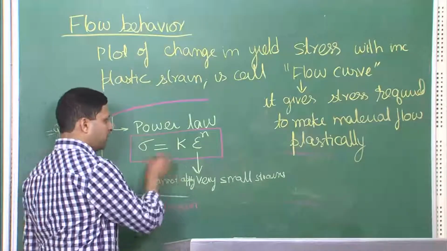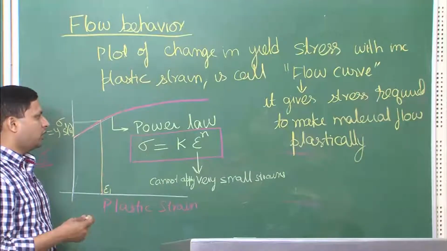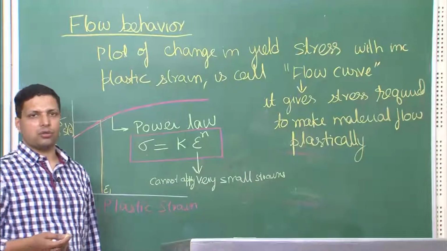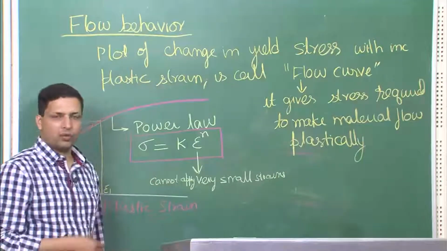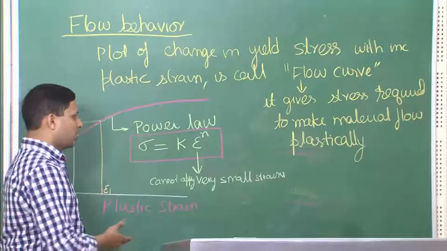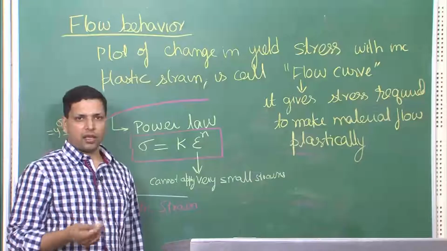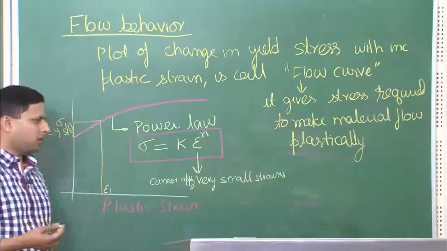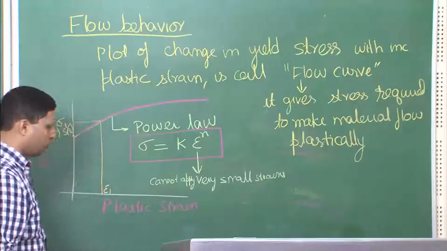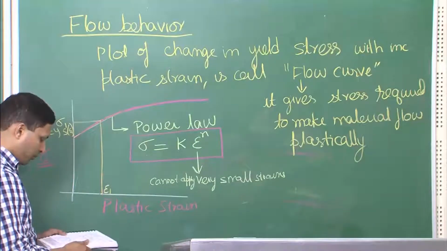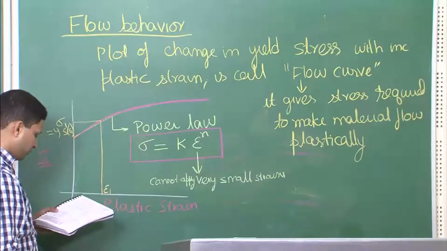It is not valid in that range. You can say it is valid beyond something like 0.01 or 0.02. So, you cannot apply this relation below that strain, because as you remember, this is valid only when you are in the plastic strain regime. If there is any amount of elastic regime remaining in that strain, then this relation will not hold, and therefore, you have to be careful when using this equation.